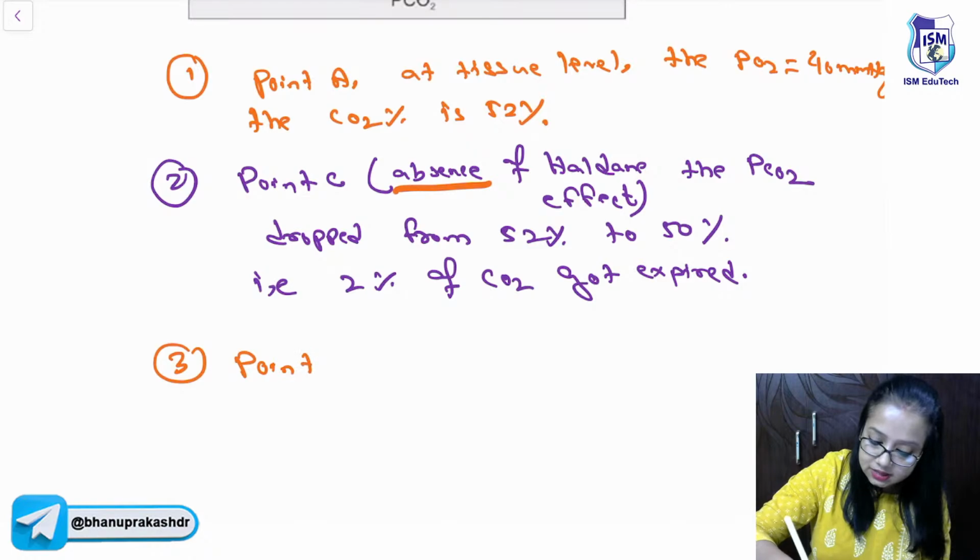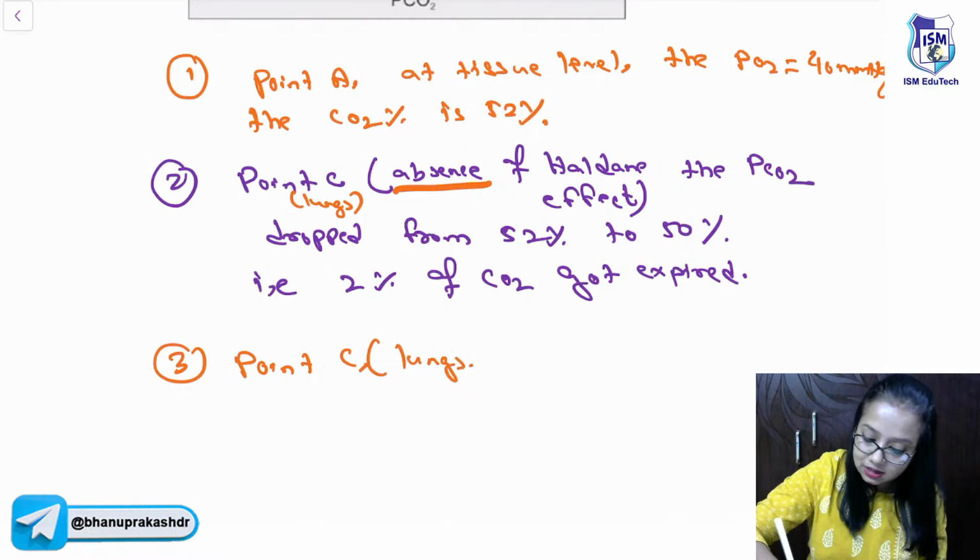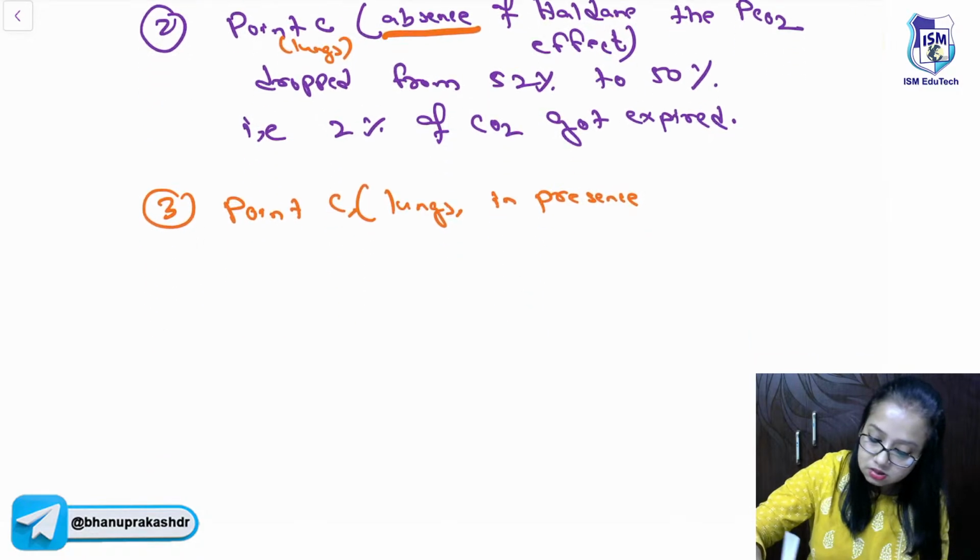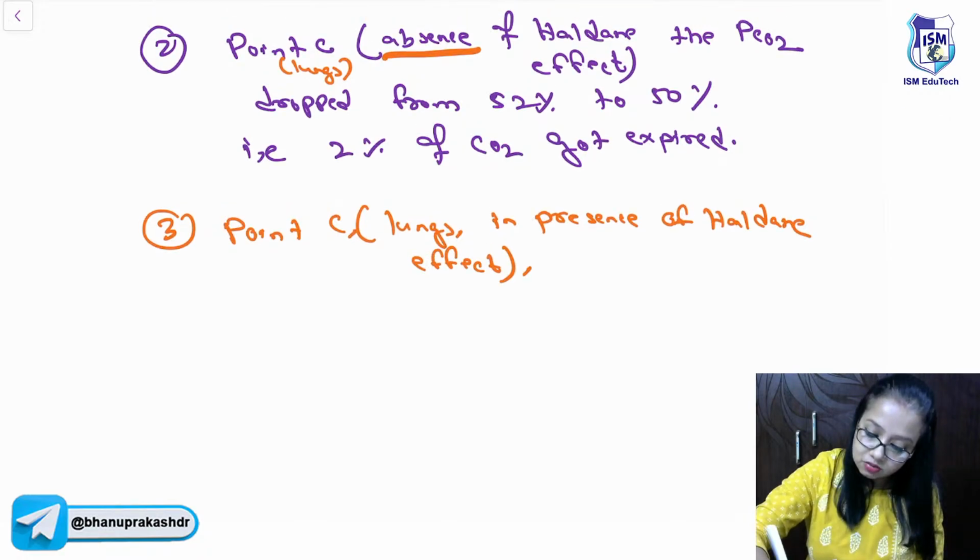Now point B is also happening at the lungs, in presence of the Haldane effect. Now in presence of the Haldane effect, what do we see?